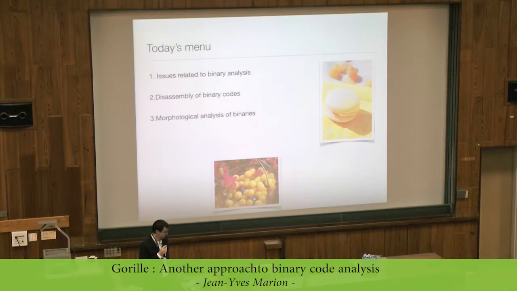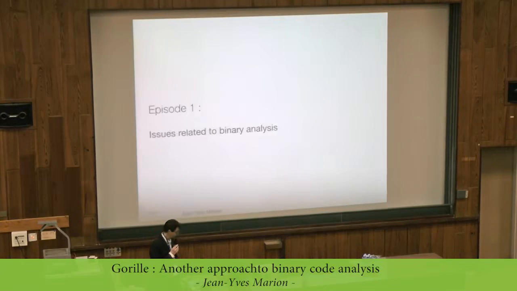And then I will briefly discuss this software that we now call Gorille in English, which allows us to analyze binary codes and find similarities, identify functions, and we'll see at the end if it works, in a short demo.